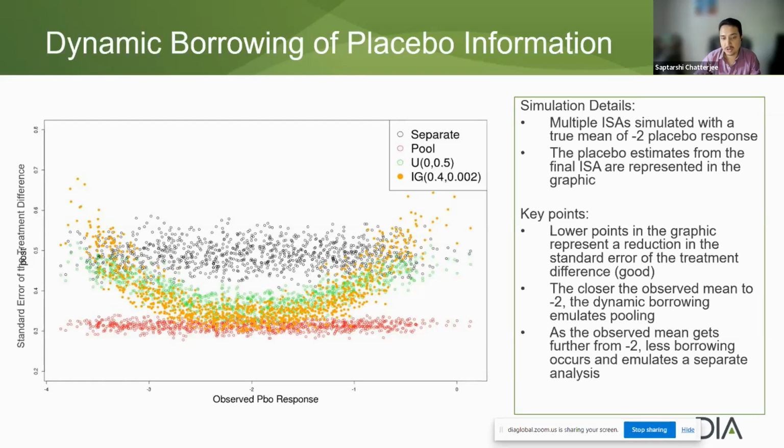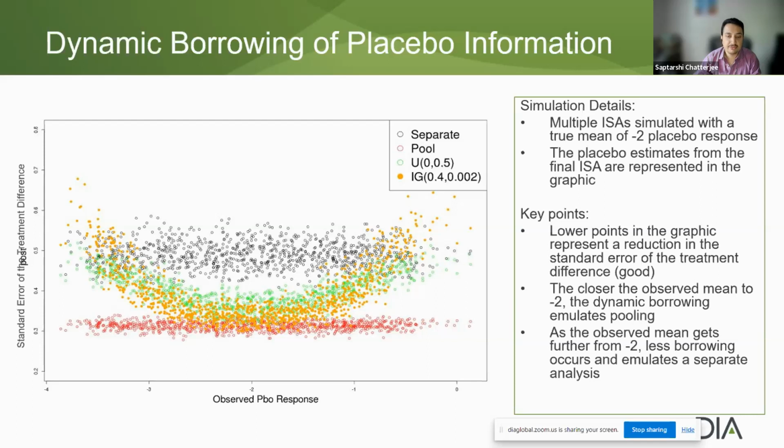The reason is that pooling always borrows all of the data, so it has more information, and the standard error of the treatment difference would be much smaller. That's what we expect with the separate and the pooling. But what's interesting is that when we observe a placebo response close to -2, we see a touchdown of this prior with the Bayesian hierarchical model.